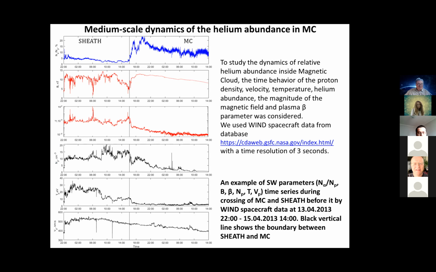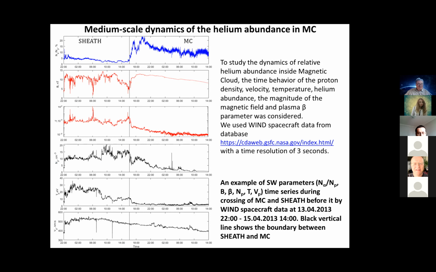To study the medium-scale dynamics of helium abundance and its behavior with other parameters, we considered the time series of these parameters. We examined the interval from 13 April 10 p.m. to 15 April 2 p.m. of 2013.